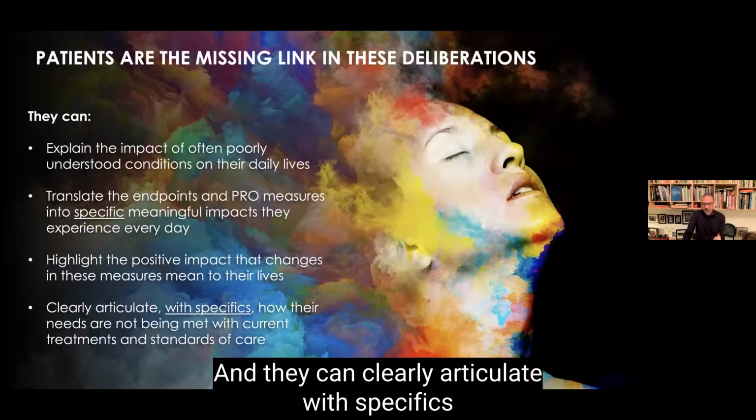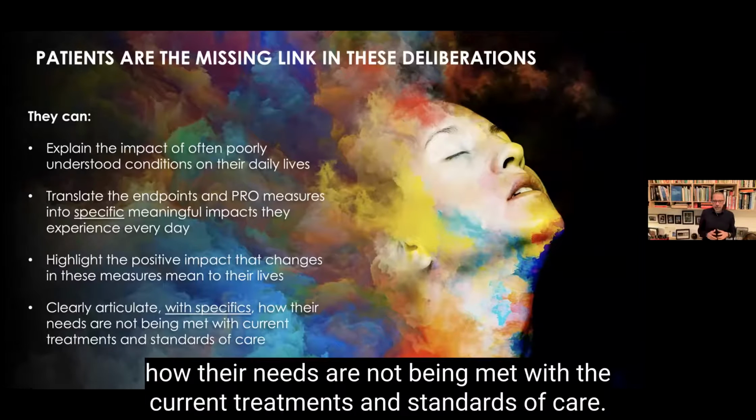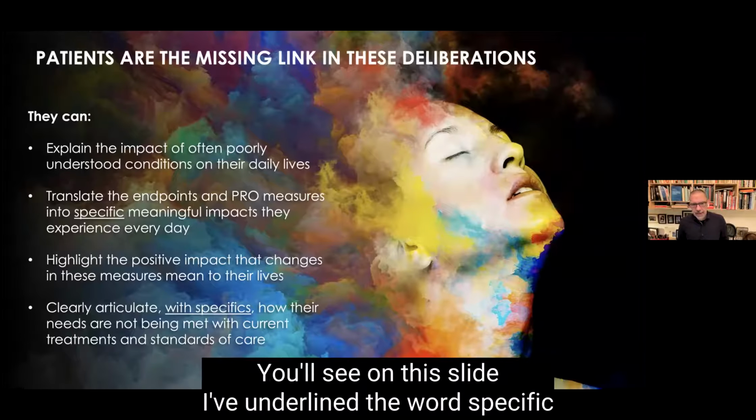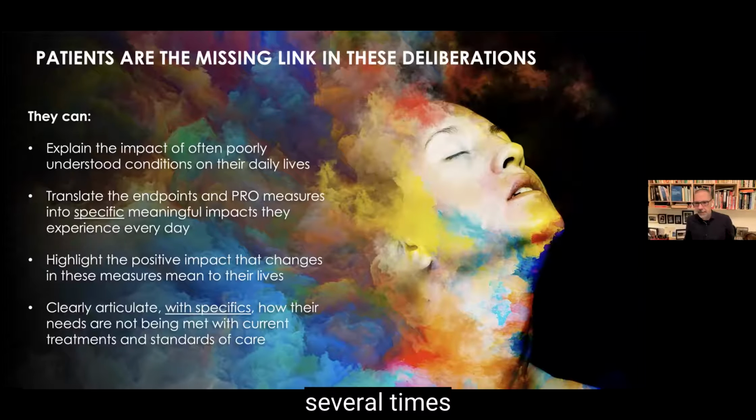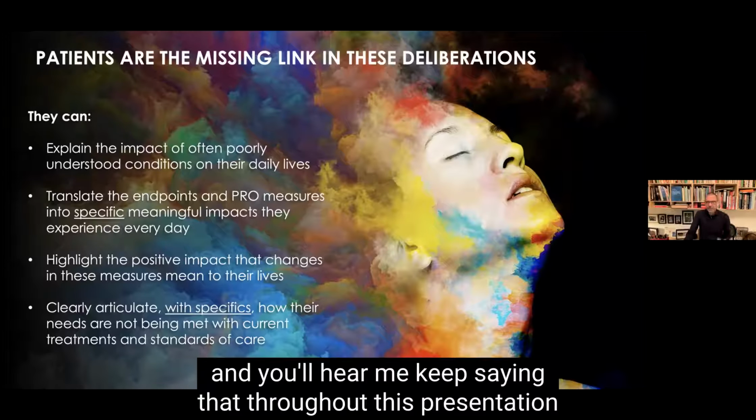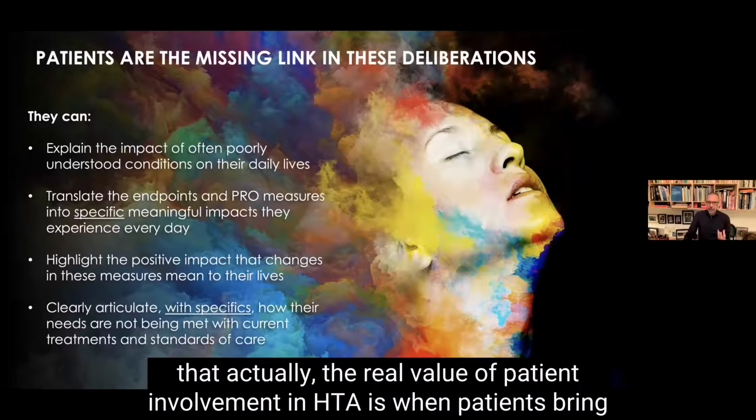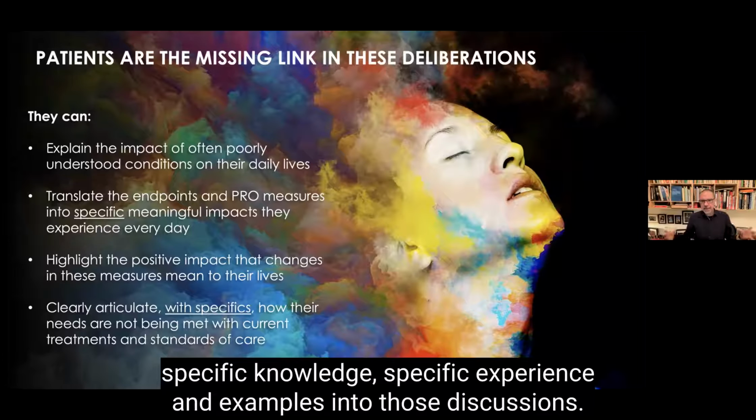And they can clearly articulate, with specifics, how their needs are not being met by the current treatments and standards of care. You'll see on this slide I've underlined the word specific several times, and you'll hear me keep saying that throughout this presentation, because the real value of patient involvement in HTA is when patients bring specific knowledge, specific experience and examples into those discussions.